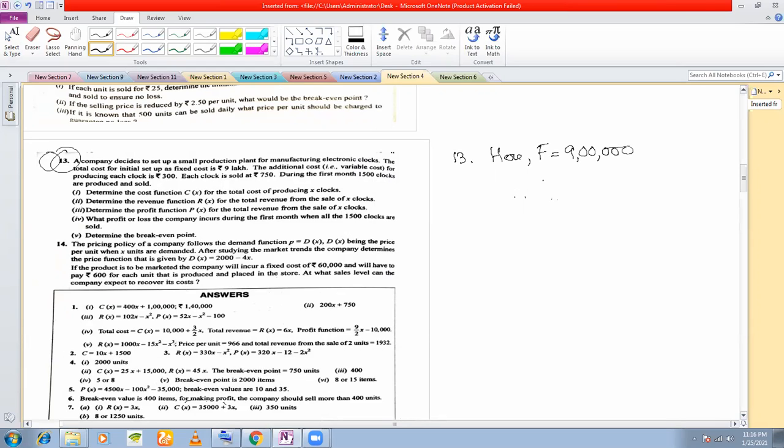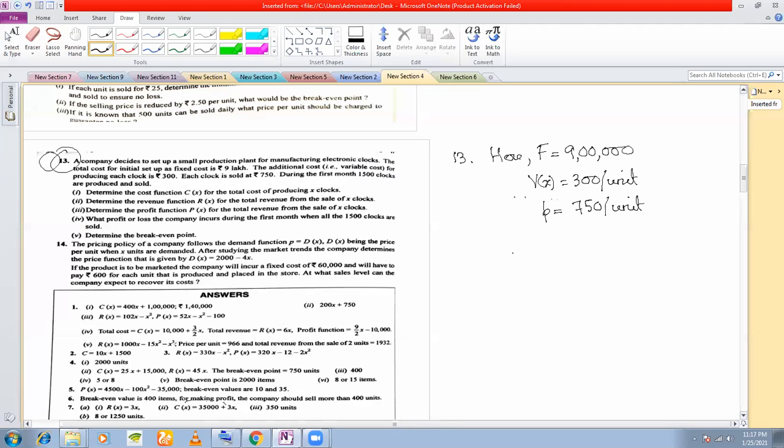The additional cost, that is the variable cost for producing each clock, is 300. So your variable cost is 300 per unit. Each clock is sold at rupees 750. So the price per unit is 750.